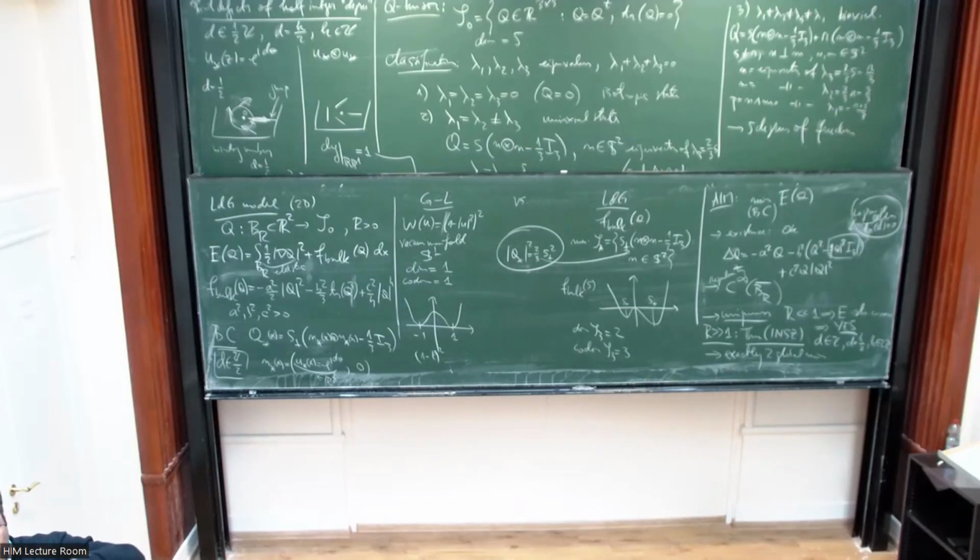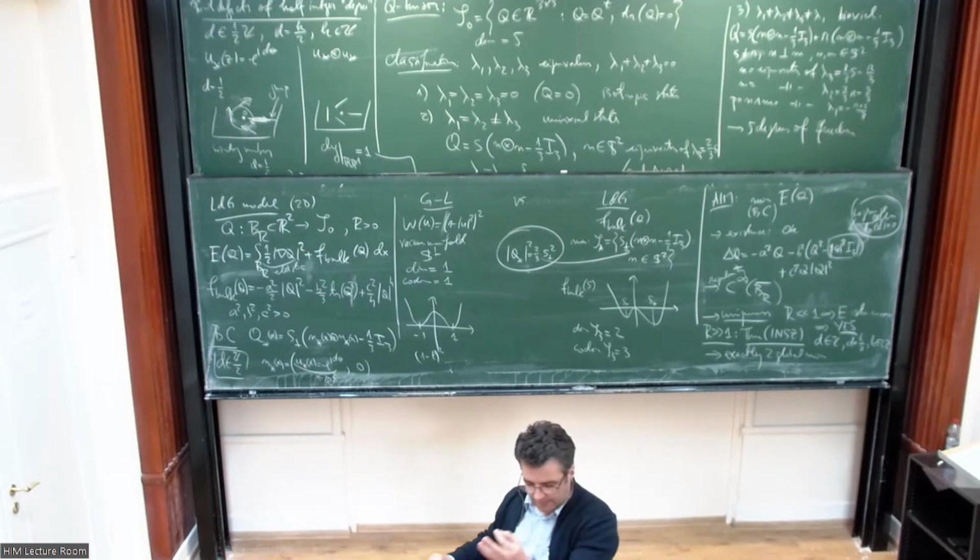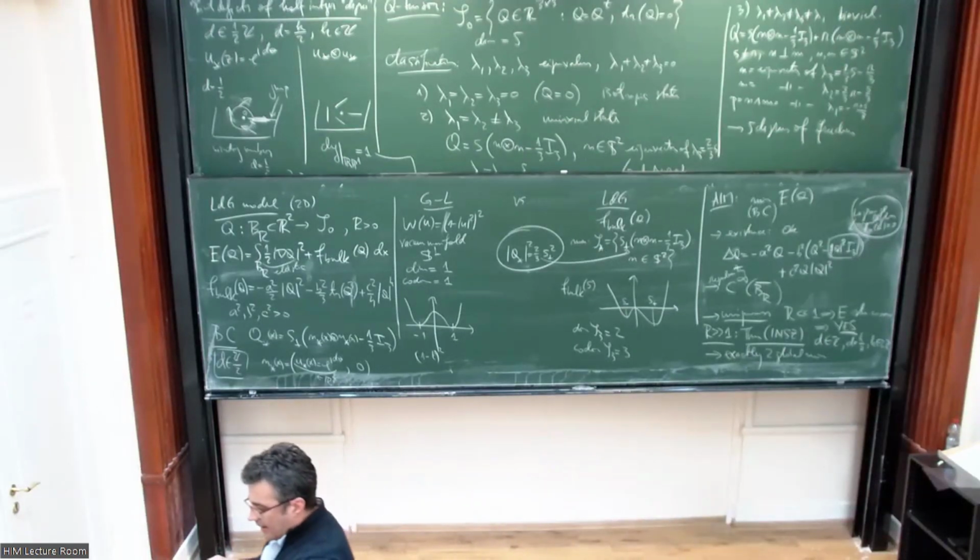So you look at a big disk of radius R, and you take values in R3. In Ginzburg-Landau, we wanted this configuration to stay in the plane. There, the harmonic map has infinite energy. So that's why this energy was blowing up like log R.